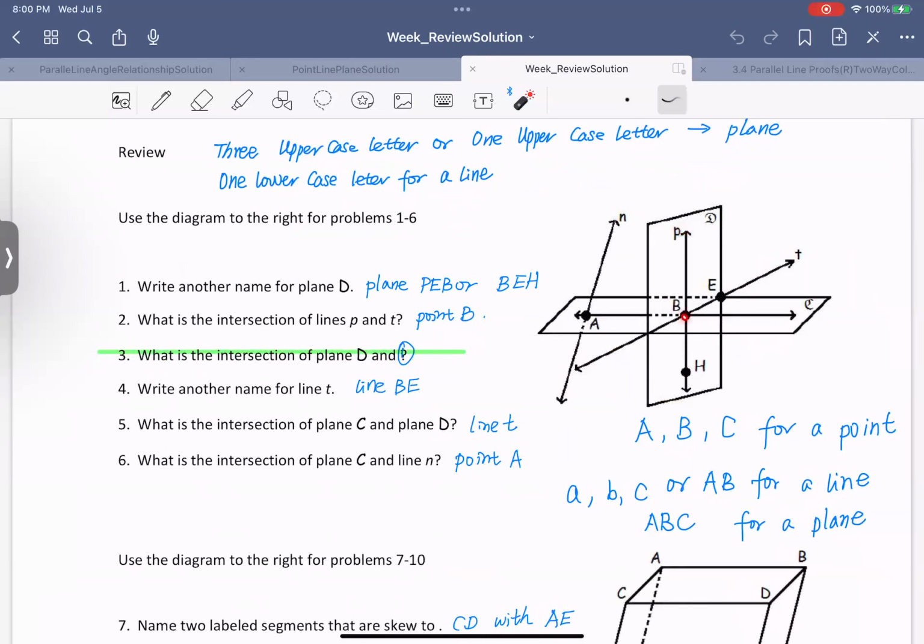Or you can say B, E, H to represent this plane. Okay, one capital letter or three capital letters to represent the same plane.